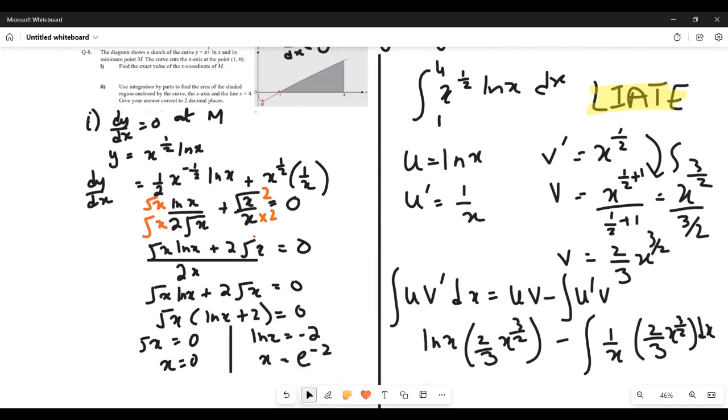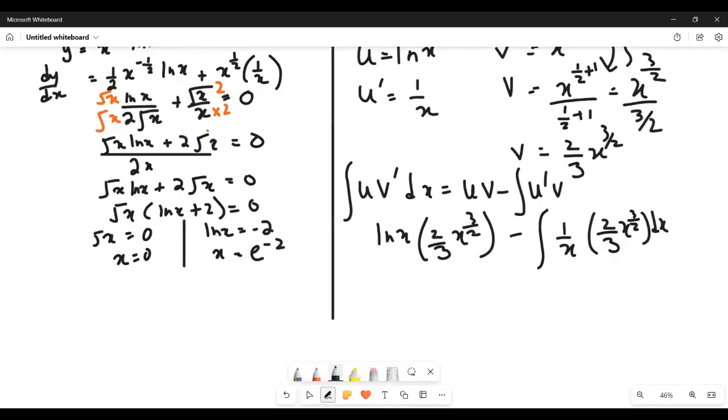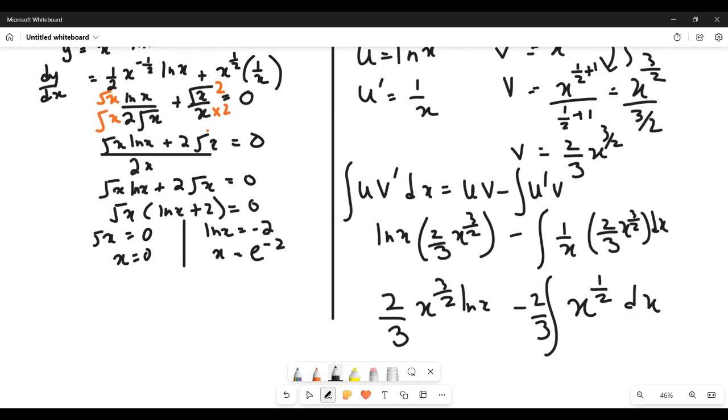So this is 2/3 x power 3 upon 2 ln x minus, let's simplify this. 2/3 can come out of the integral because it's the coefficient, and subtracting 3 by 2 and 1 gives half, dx.